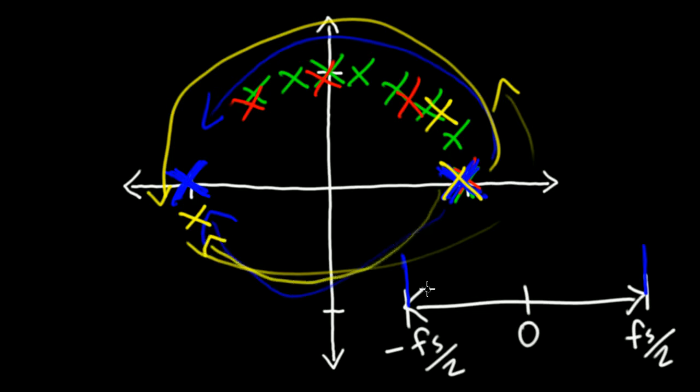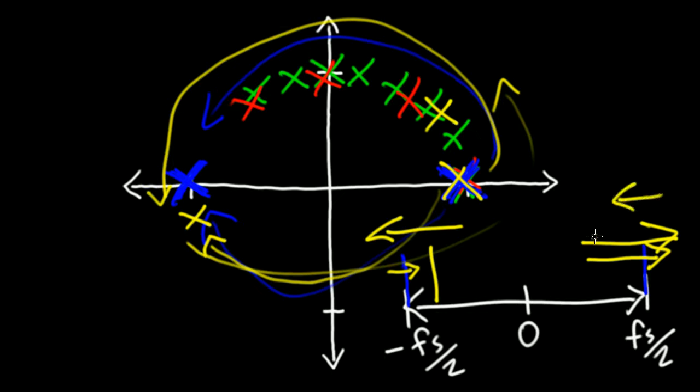So as we increase the frequency this way, we see it wrap around over to here, and our spike is right there. And this is the aliasing effect that we saw several times before, where when we increase the frequency, we go to the right, it wraps around to the left. If we decrease the frequency and it goes to the left, it wraps around to the right.